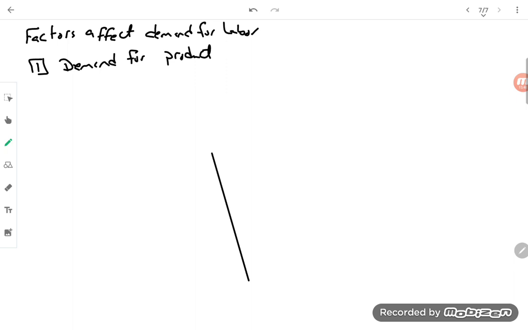If there is an increase in demand for the product, even without any change in the wage rates, demand for labor is going to increase, and the demand curve will shift to the right.